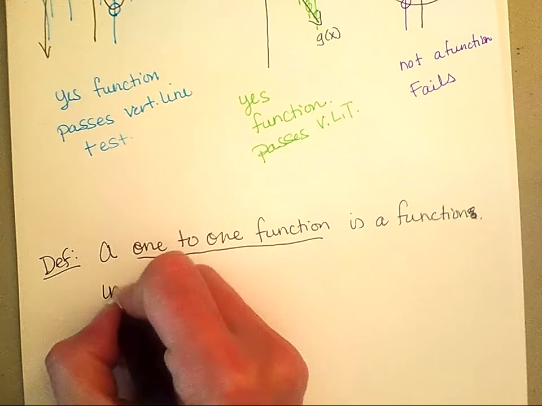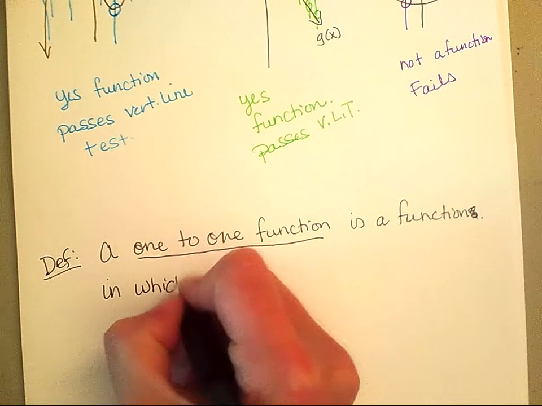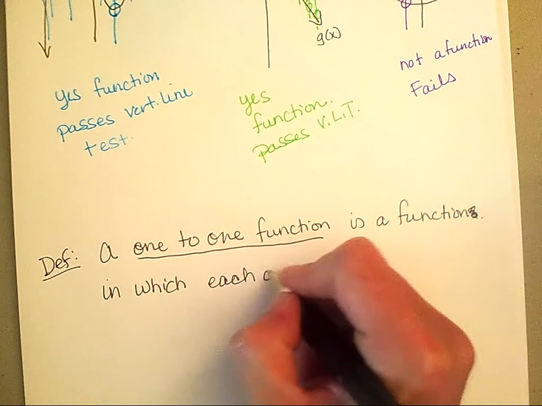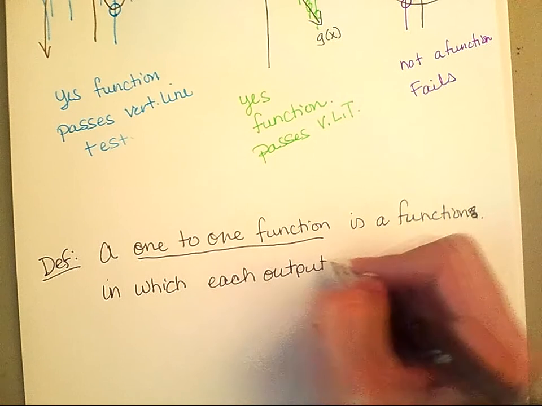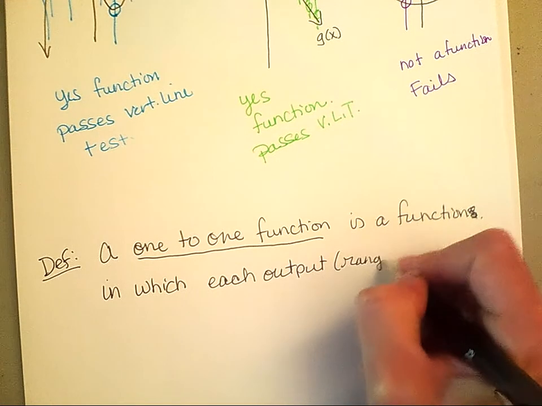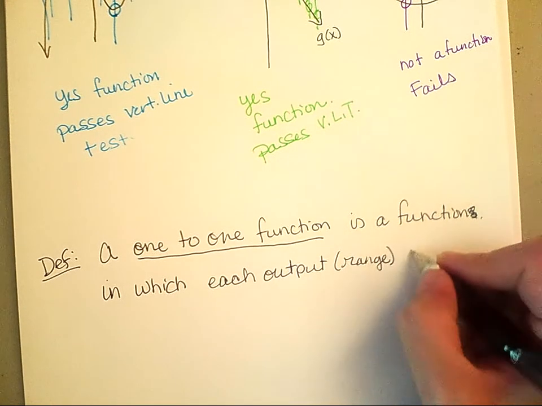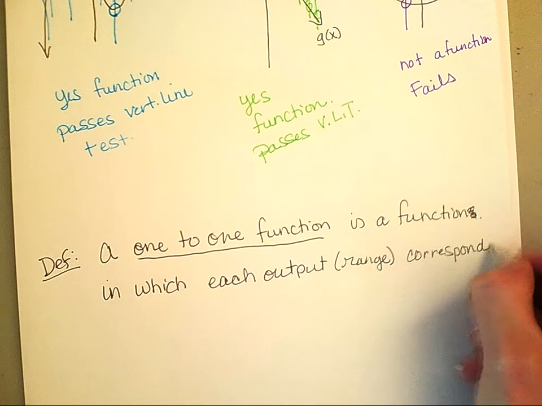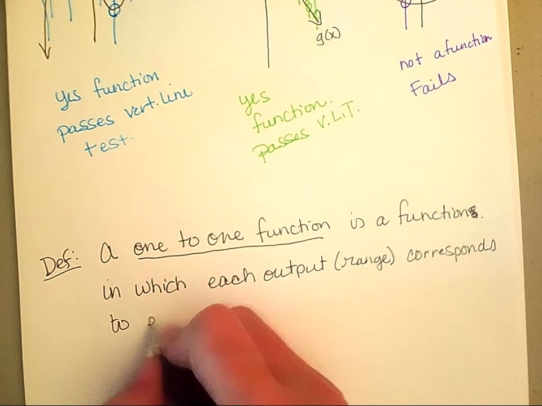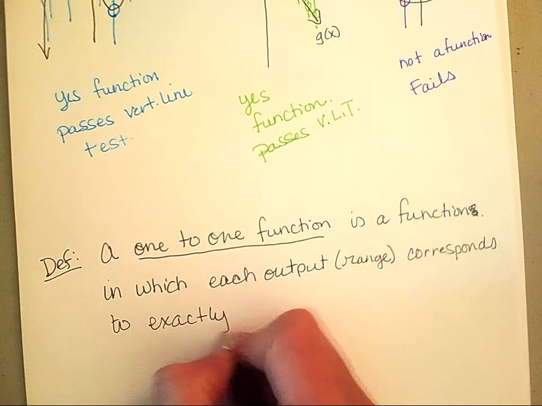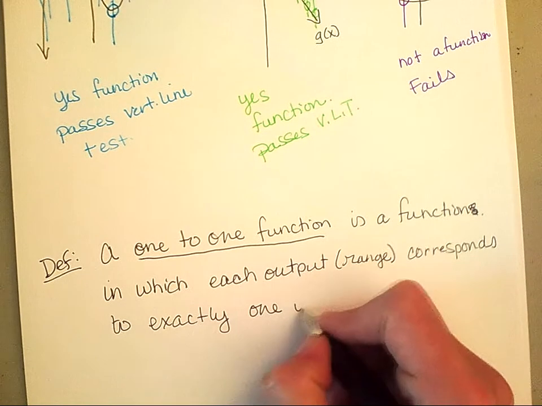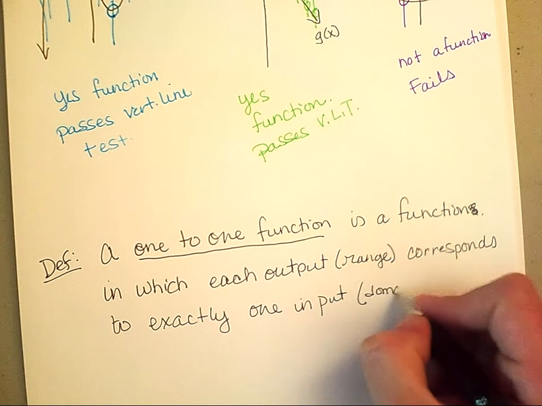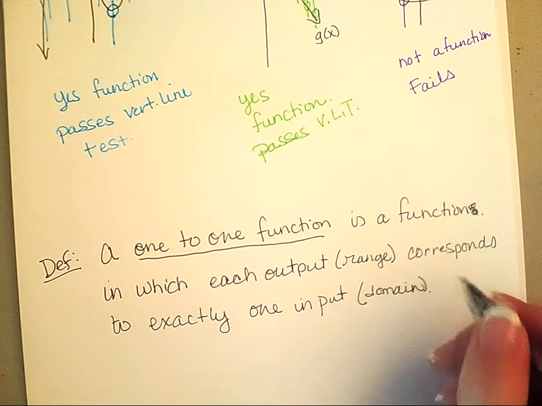It is a function in which each output, so now we're talking about the range, corresponds to exactly one input. That is, from the domain.